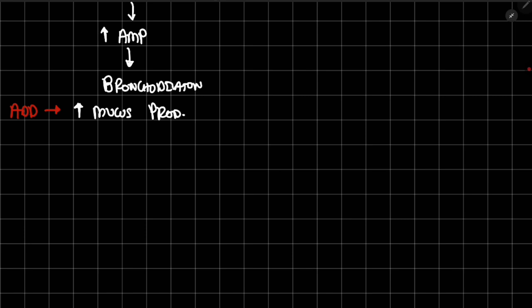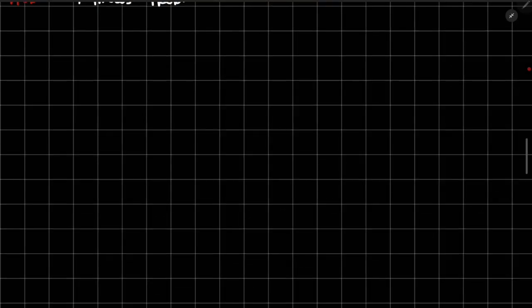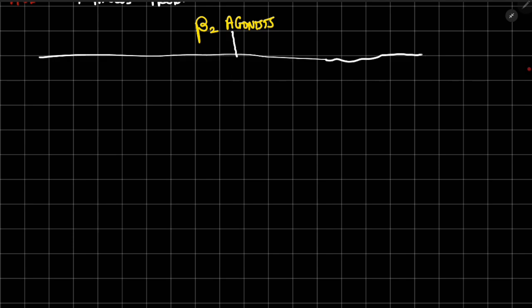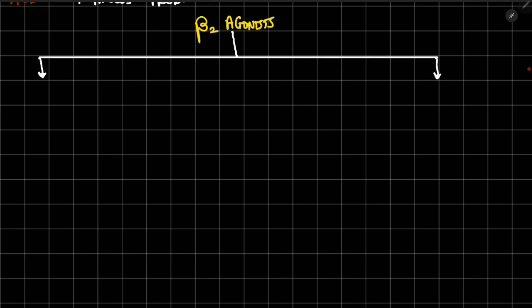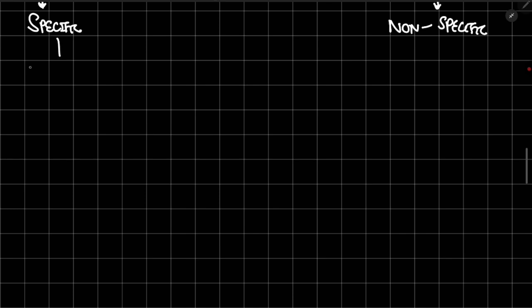Now further classifying beta 2 agonists, as with other drugs, they are classified as specific and non-specific because it is receptor mediated. Under specific we have three more classes.